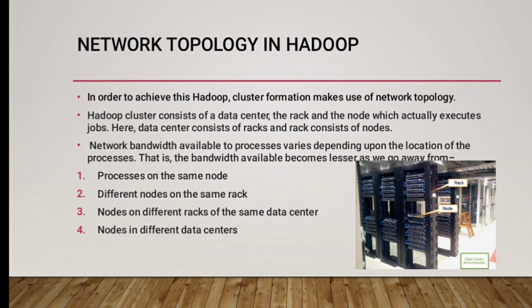The network bandwidth available to processes varies depending upon the location of the processes. That is, the bandwidth available becomes lesser as we go away from processes on the same node, to different nodes on the same rack, to nodes on different racks of the same data center, to nodes in different data centers.